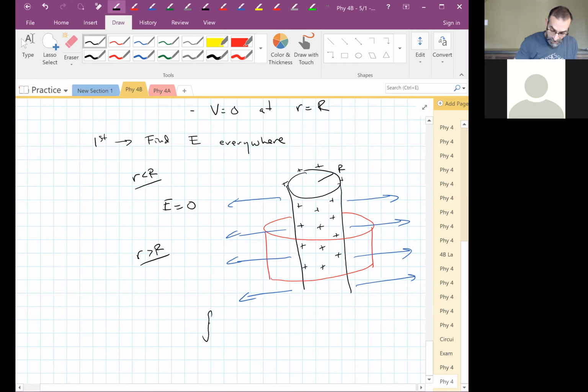And we say the integral around all of the surfaces that make up our enclosed Gaussian shape, this imaginary red cylinder we're putting into our problem, of E dot dA has to be the Q inside of that cylinder over our constant epsilon naught.